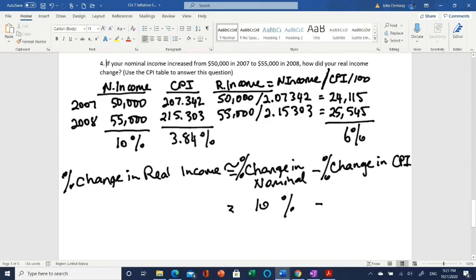It's almost 4%, right? So what is the percentage change in real income? 10% minus 3.84%. And that will give us the percentage change in real income. That is 6.16%. So that is pretty close to the exact change in the real income. So instead of using the hard way to find the percentage change in real income, we can use this approximation and we can still get the percentage change in real income.